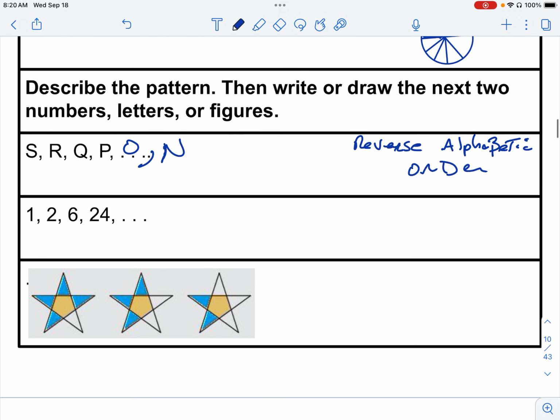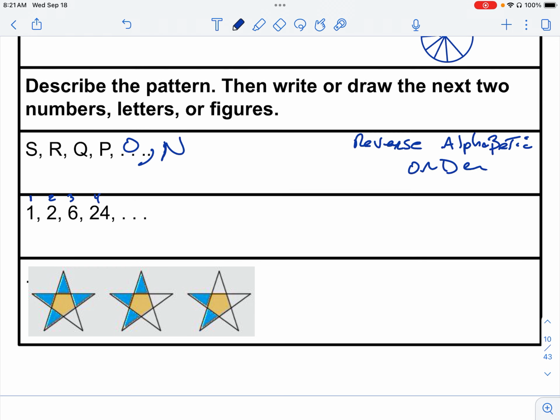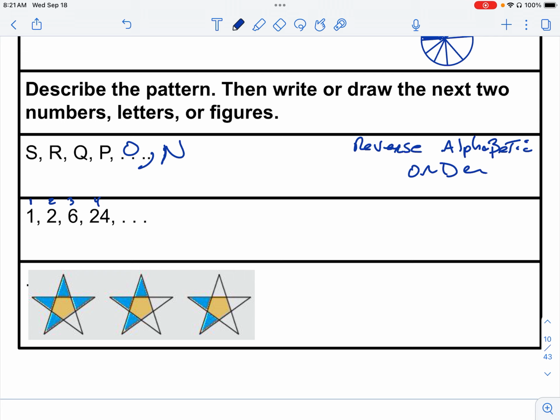All right, let's look at our numbers. So we're going to go from 1 to 2, 2 to 6, 6 to 24. All right, so this is our first figure, our second, our third, and our fourth. Okay, and let's see. 1 to 2, we add 1. 2 to 6, we add 4.